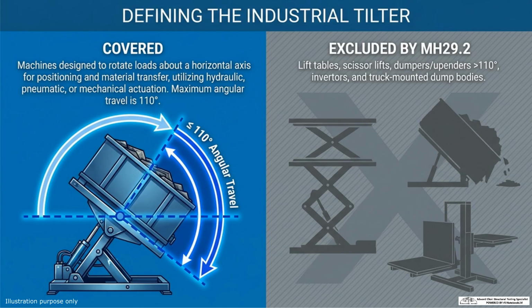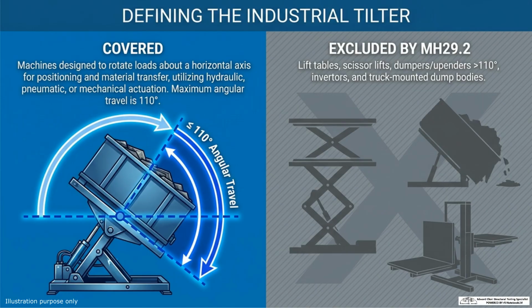Under ANSI MH29.2, a tilter is defined as a machine designed to rotate loads about a horizontal axis using hydraulic, pneumatic, or mechanical actuation. Maximum angular travel, 110 degrees. What is not covered by this standard?